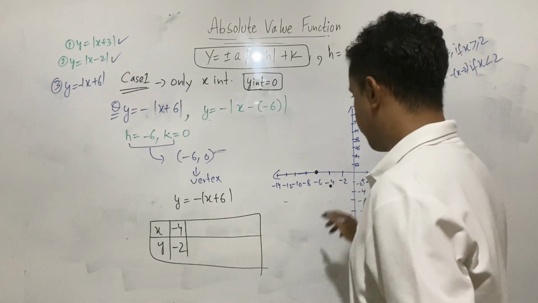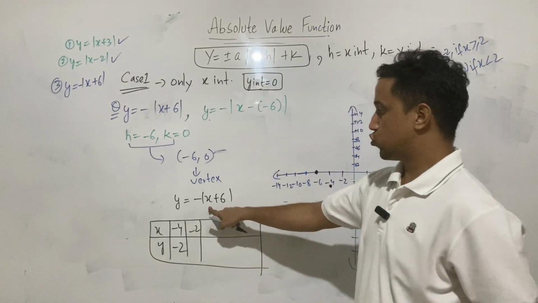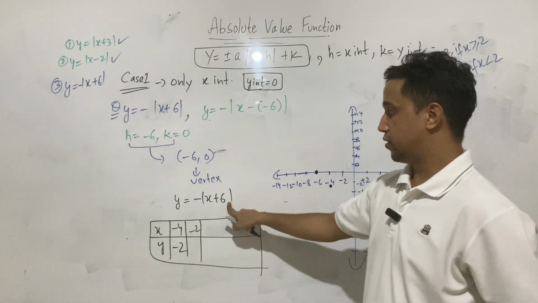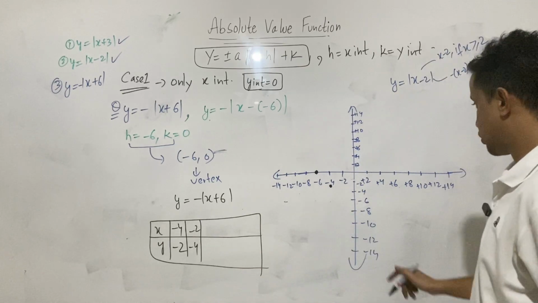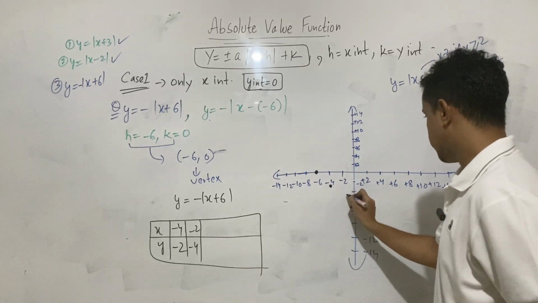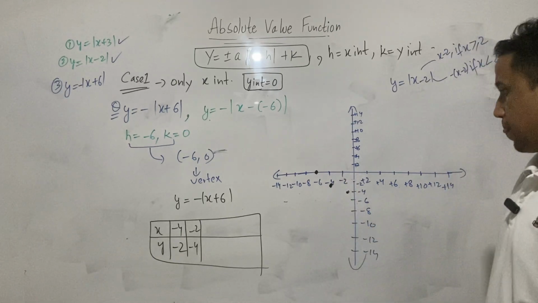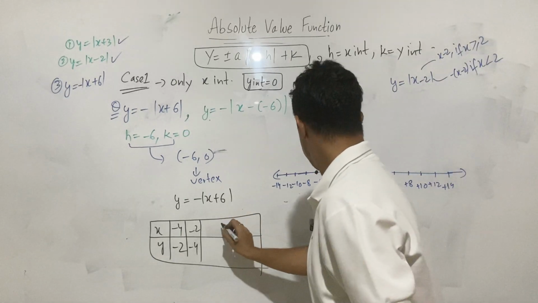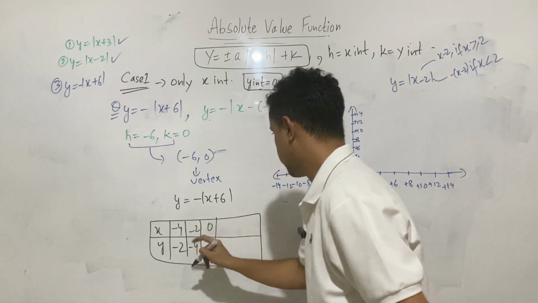Then for negative 2, negative 2 plus 6 is positive 4, so negative 4. Then check for 0.